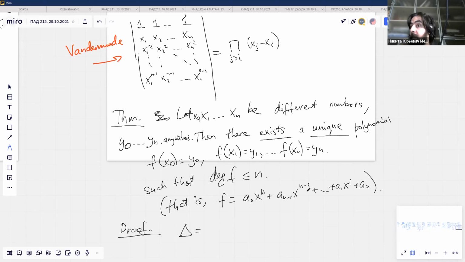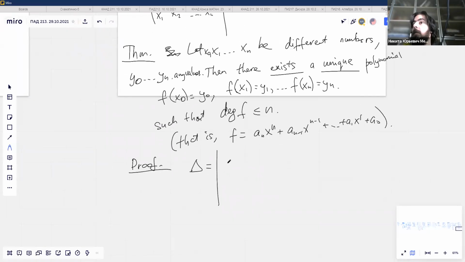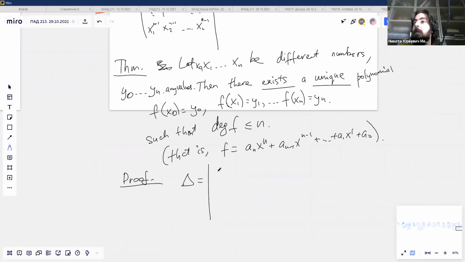We can similarly construct a system, and delta equals the determinant with rows x0 to the nth power, x0 to the n minus first power, etc., down to x0 to the zeroth power, and likewise for x1, until xn.